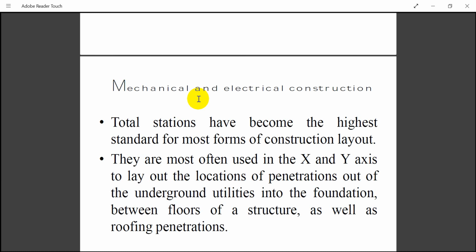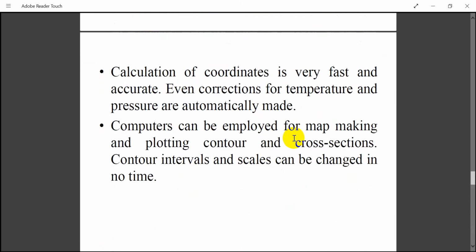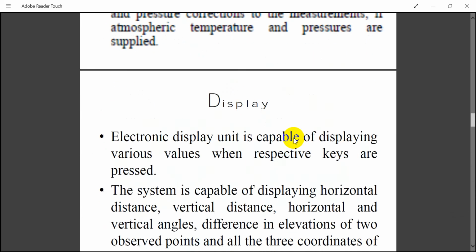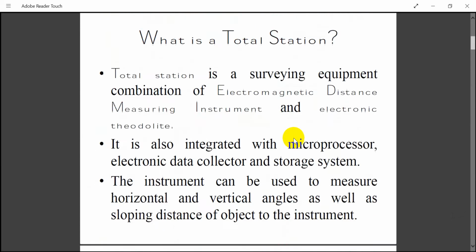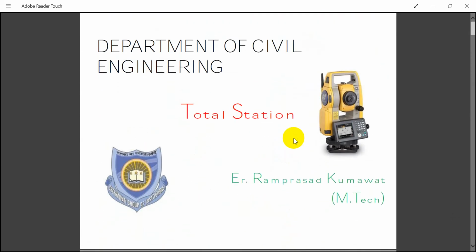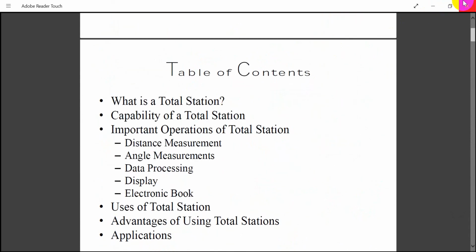So if you know the idea of the total station, what its uses are, what its purpose is, then later how to install it and how to take readings, everything we will go through by videos. For the next class we will go through the videos of the total station. This is sufficient to write your theory part examinations on what the total station is. Okay, that's it for today's class.